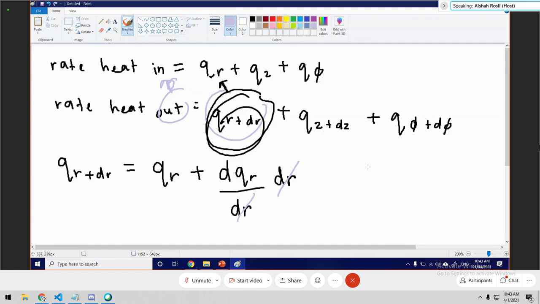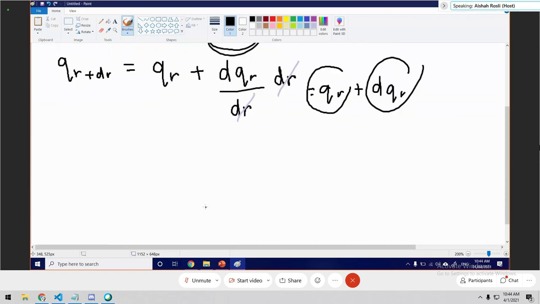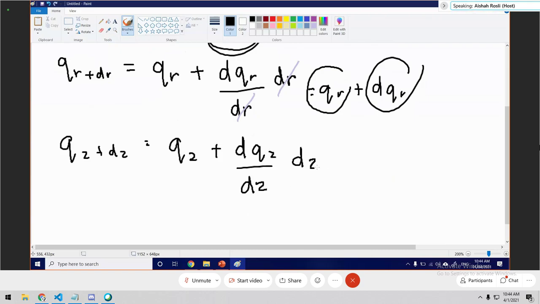So we are left with Qr plus dQr, which is actually the rate of heat in plus the change of heat. We can repeat this for the other two directions. Qz plus dz equals Qz plus dQz over dz times dz.